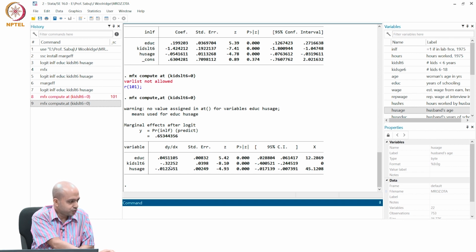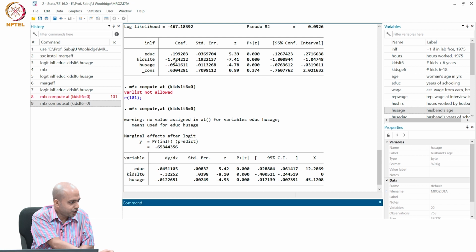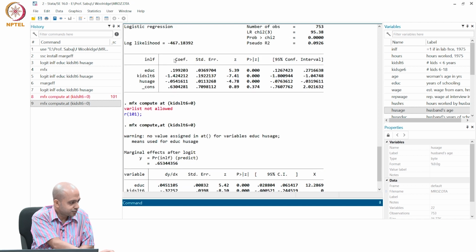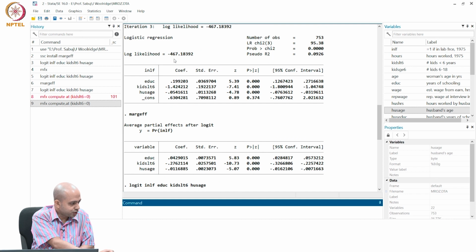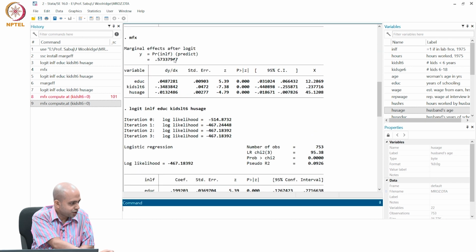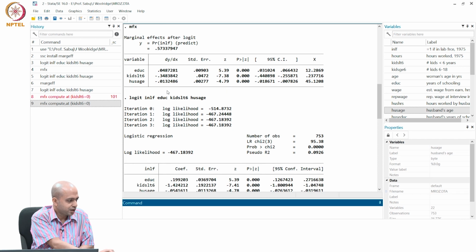So from this model, once again you just see, this is your original model, this is the margeff command, and this is key. So there is a slight change in probability when you specify x equals to 0, right? When x equals to 0, this is 0.3483.